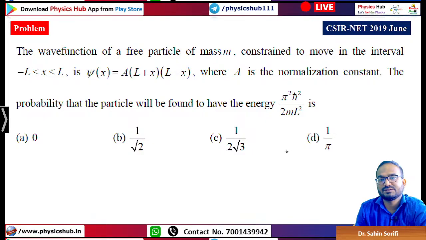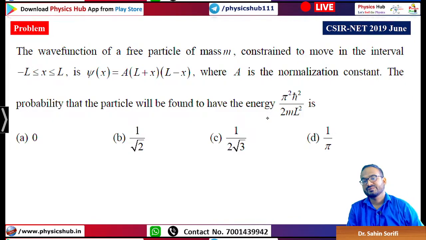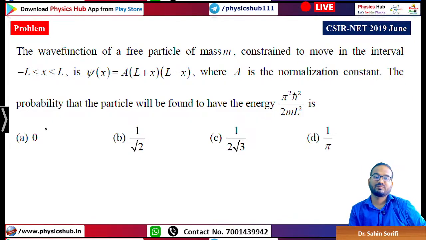This uses two concepts. You see, this kind of question, if you want to do, you need multiple concepts. First of all, you need the concept of particle in a symmetric potential well, and you need the postulates. Now in postulates we have talked about the probability to be in a particular state.